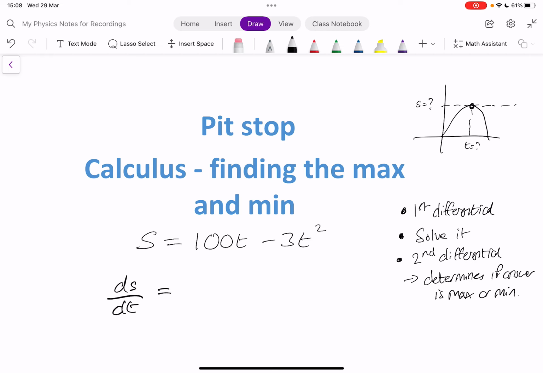Now, that happens in 3 cases: when it's at maximum, when it's at a minimum, and when it's at an inflection point. An inflection point, remember, is something that looks a little bit like this. That's an inflection point. It's a sort of false reading if you're after a max or min, because as you can quite clearly see, it's neither a max or a min.